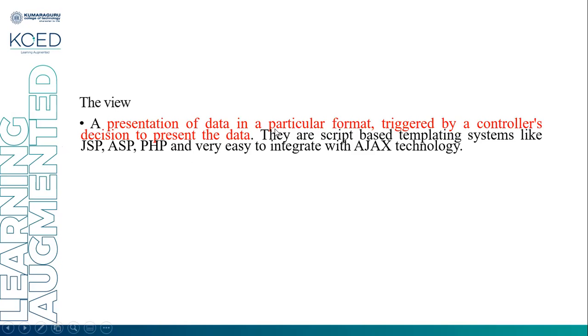View is a presentation of data in a particular format, triggered by the controller's decision to present the data. They are script-based templating systems like JSP, ASP, PHP, and very easy to integrate with Ajax technologies.